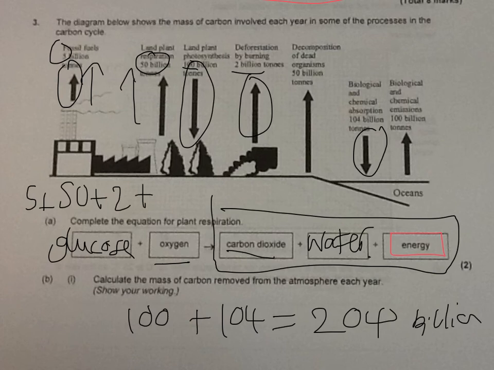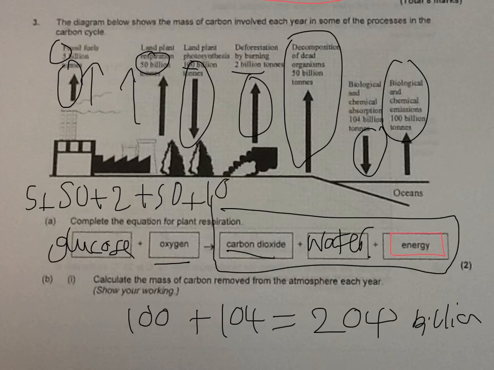So it's removing those plants and trees so that they can't get that carbon dioxide out of the atmosphere. We've got decomposition of dead organisms, that accounts for 50 billion. And finally, we have got biological and chemical emissions, which is 100 billion. So we're going to add 100 onto the end there.